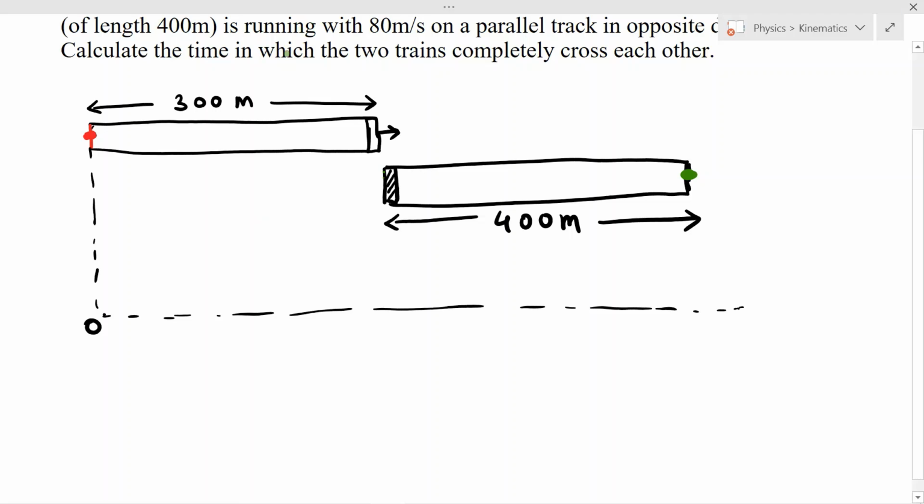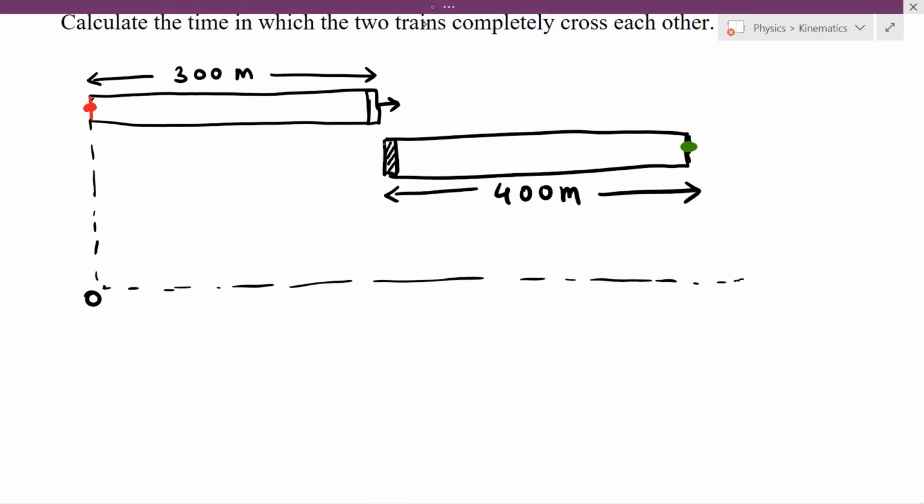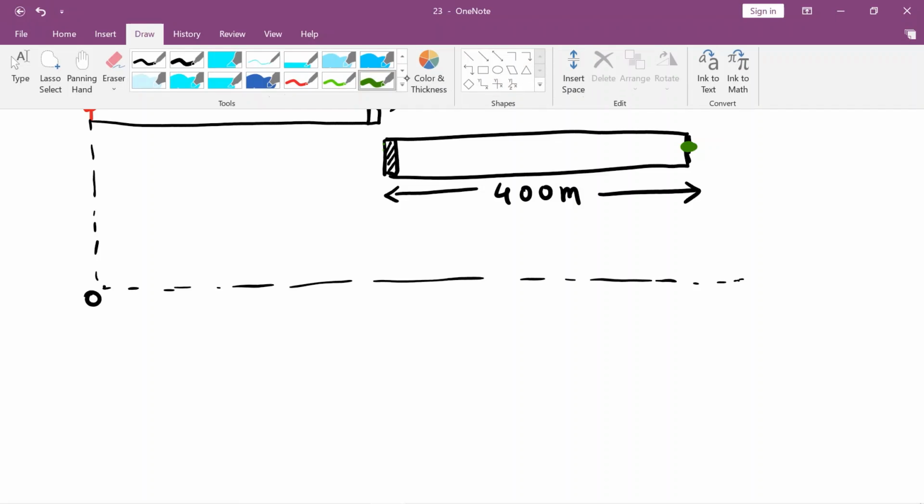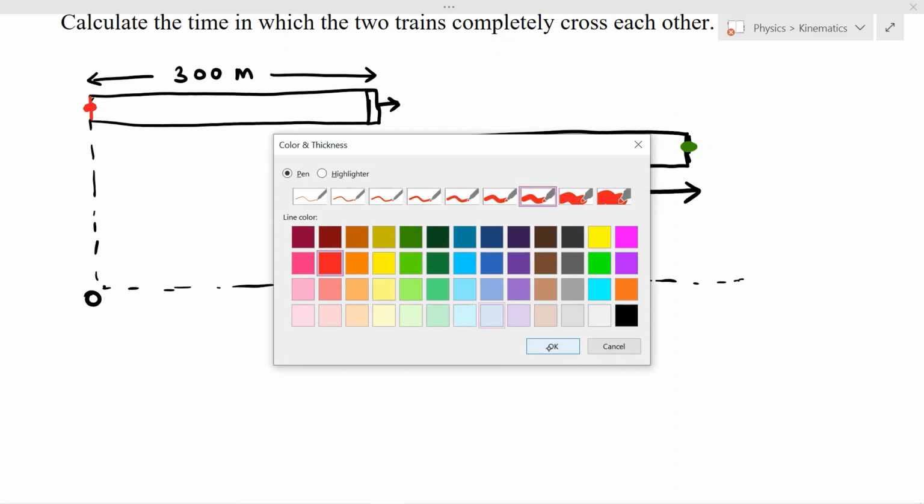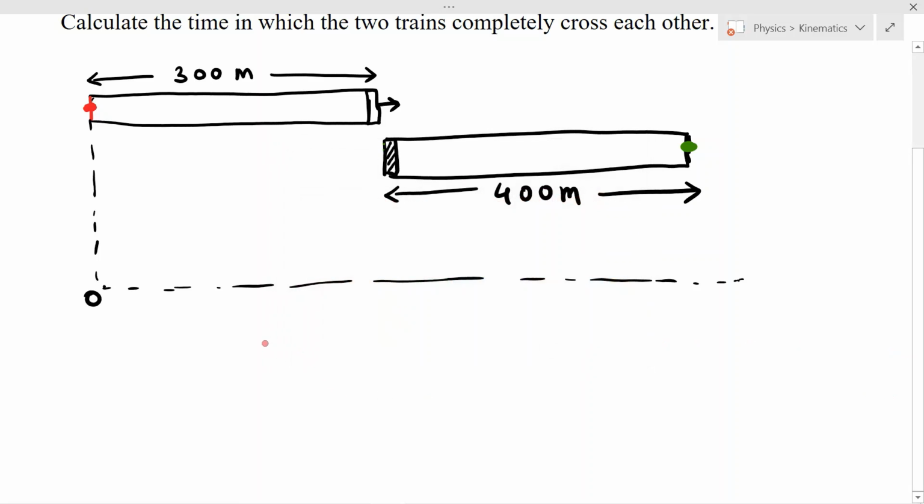So let's again write the equation. Let me draw first for the red one, with the red ink. So x is equal to x0 plus vt. So this is for the red one. So x0 now is 0, because the initial position, that is not initial position, but the observer started his clock when this was the position of the red one, that is t equal to 0.